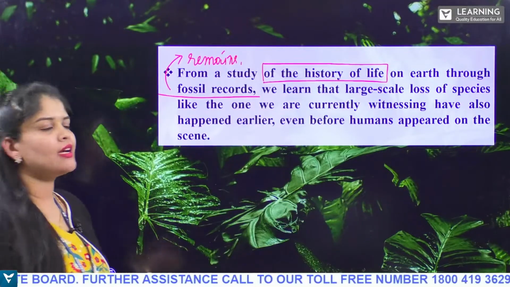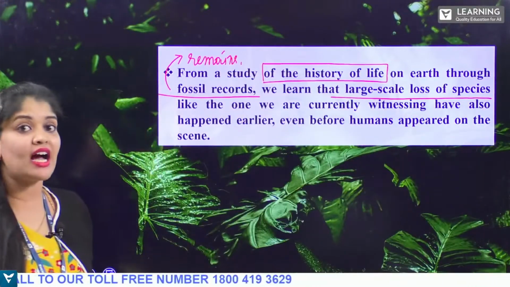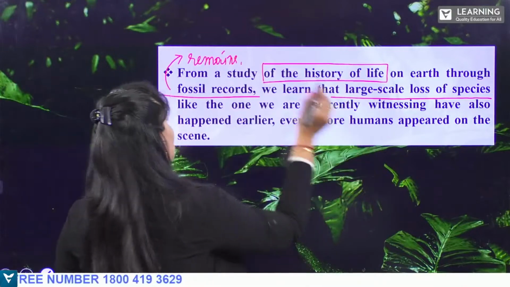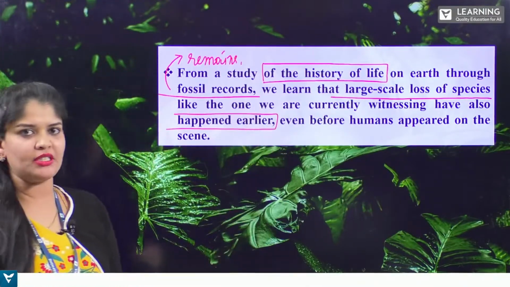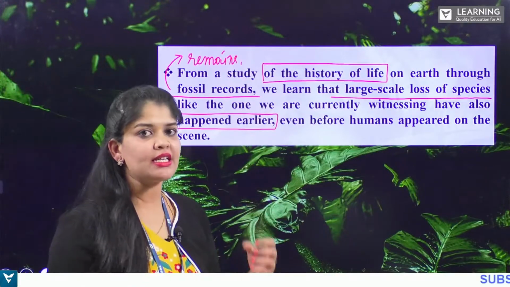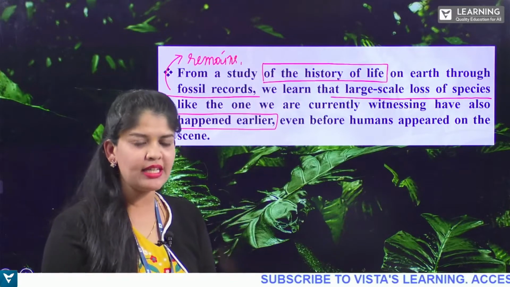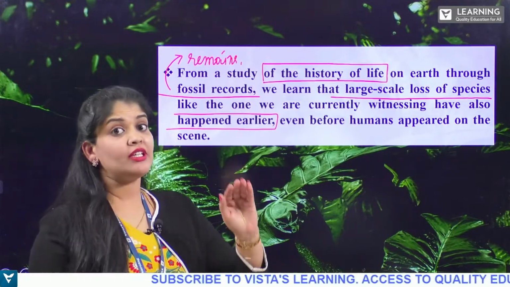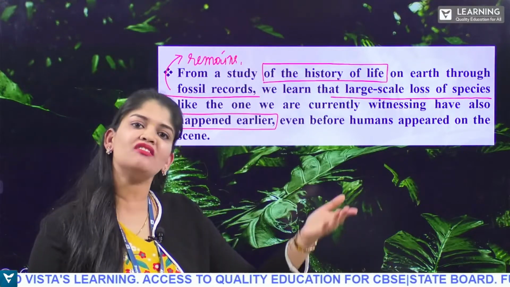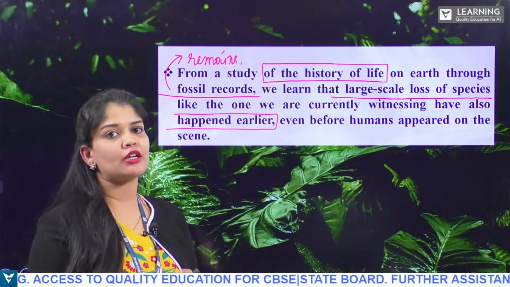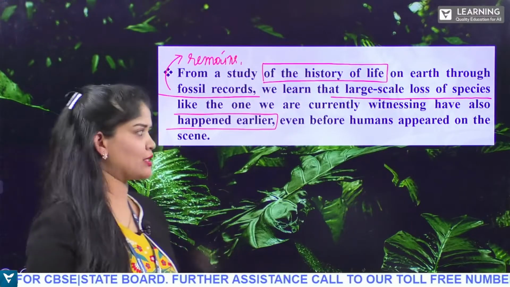We learned that large-scale loss of species, like the one we are currently witnessing, has also happened earlier. The loss of biodiversity, that means the extinction we are witnessing presently, is not new. Extinction has already happened in history, in around 5 episodes, and we are presently at the 6th episode.